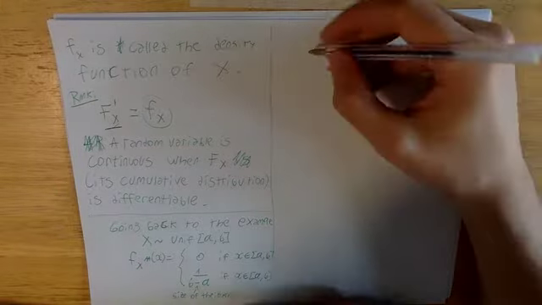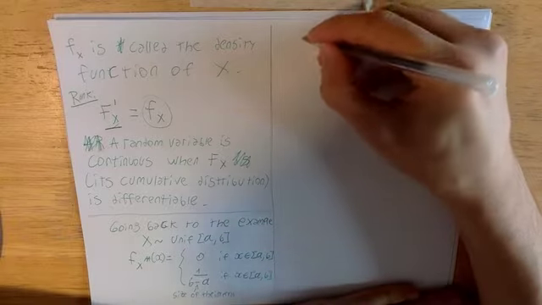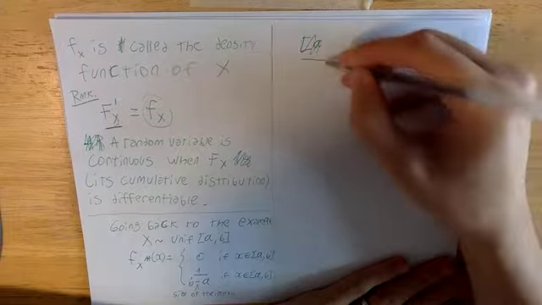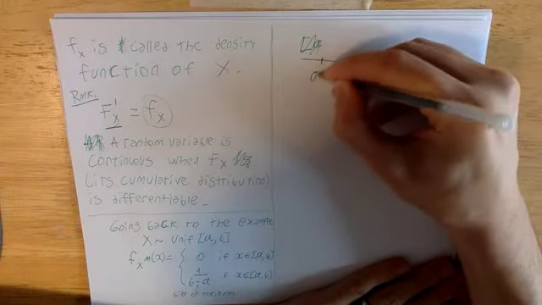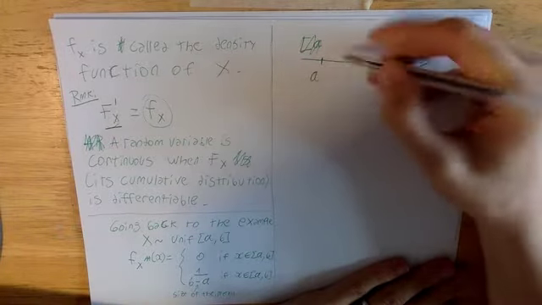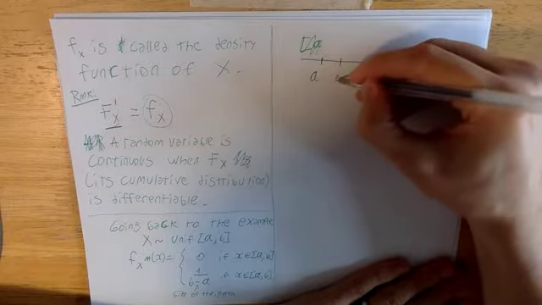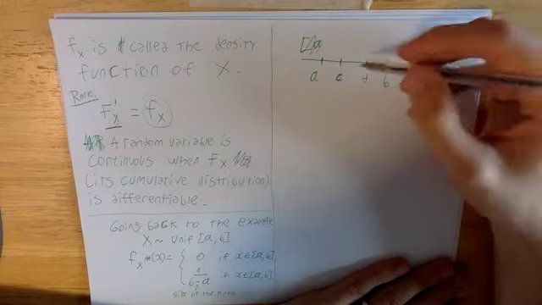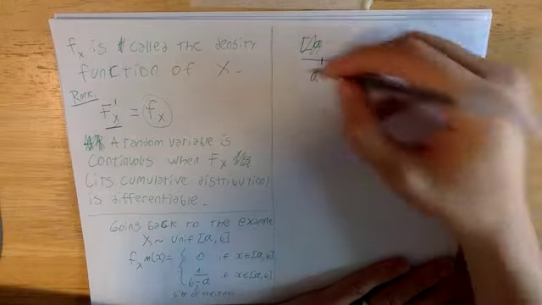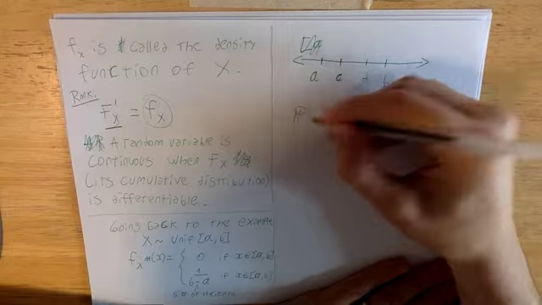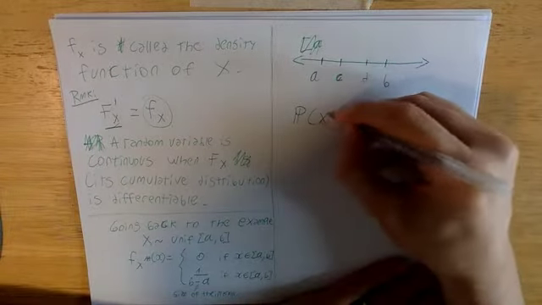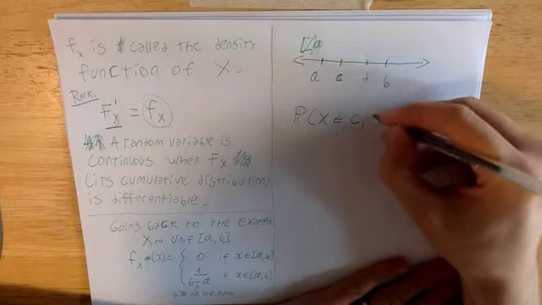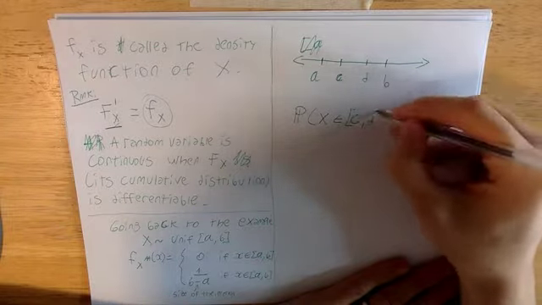So let's say that we have the picture we had before: we have A and B, and here we have the points C and D. And now we want to calculate the probability that x is in (C, D).